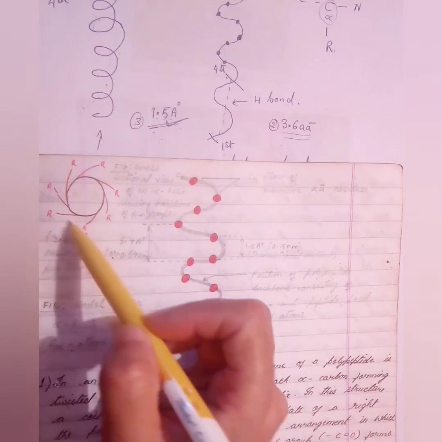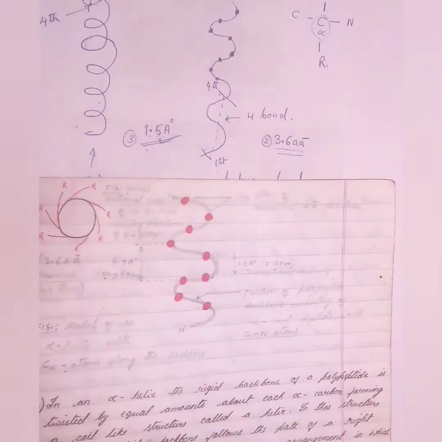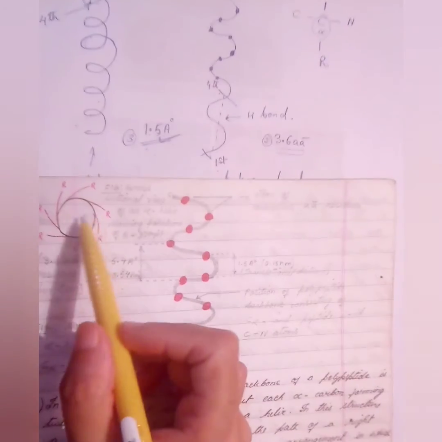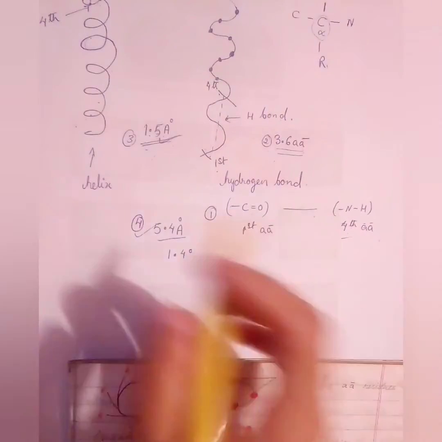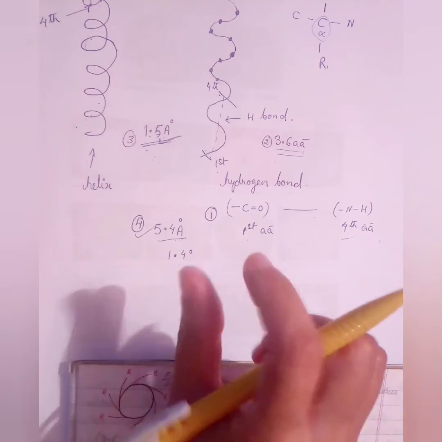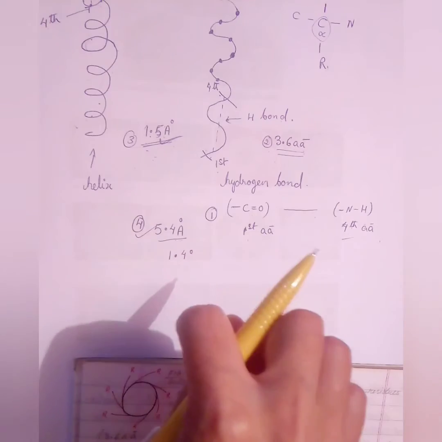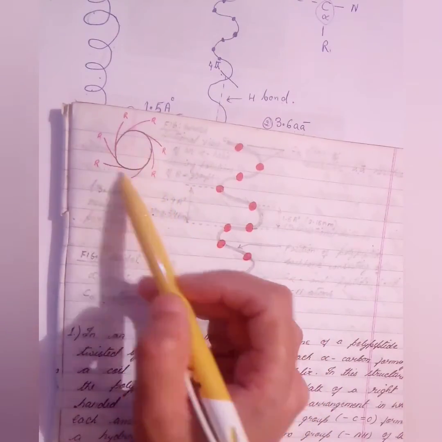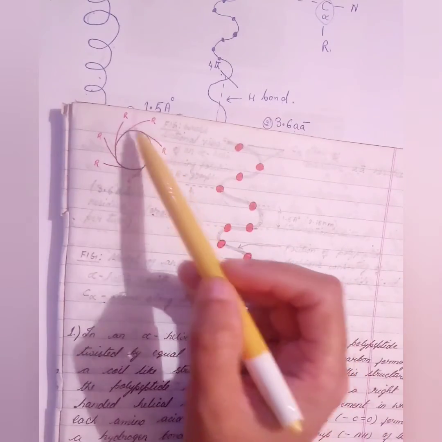This structure here is what you see when you view the alpha helix from the top. It is like a spring: when you take a look at a spring from the top, you will just see a circle. But in this case, you will not only see a round circle, you will also see these structures.